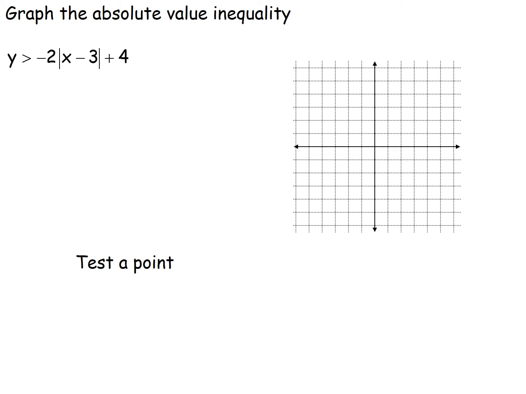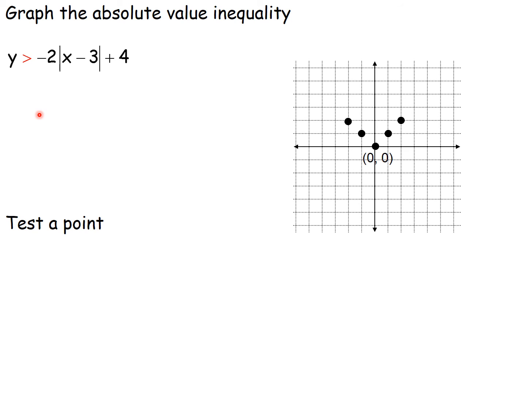All right, so here we have an absolute value inequality: y is greater than negative 2 times the absolute value of x minus 3, plus 4. With this inequality, you want to pay attention to the inequality symbol itself and also think about your transformation rules. We start with the parent function.